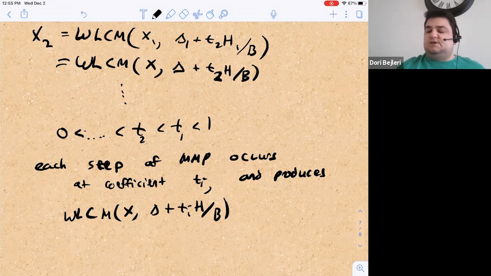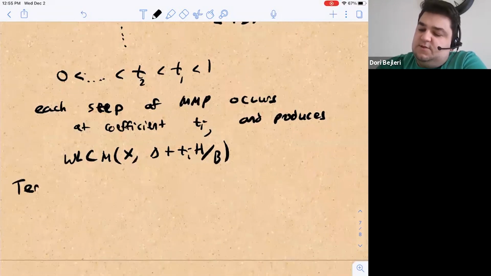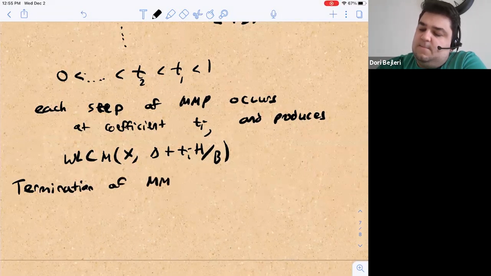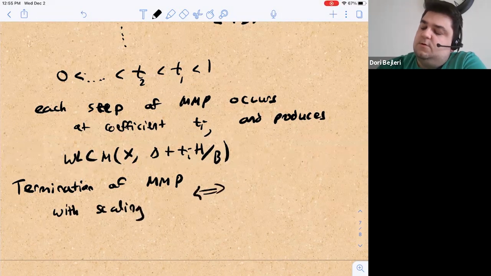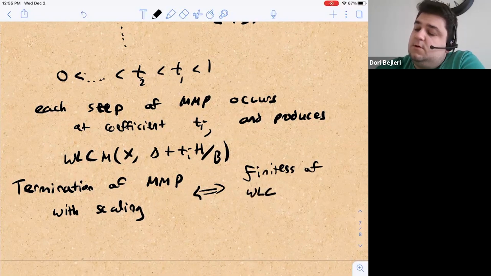And so the important point is that termination of MMP with scaling is equivalent to finiteness of log canonical models for the pair X, delta plus tH as t varies.